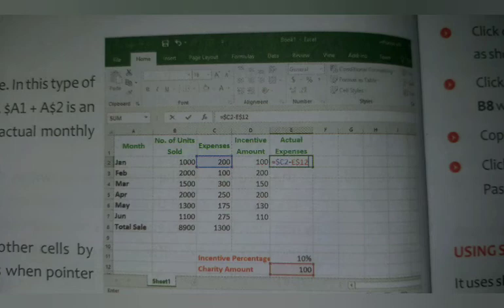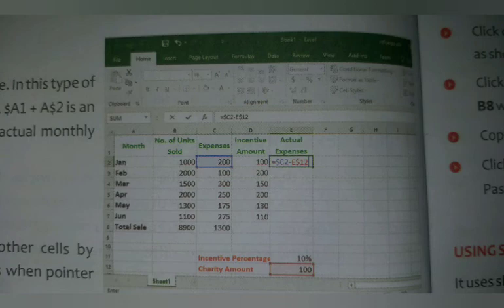The 100 will be the same in the entire formula, but the only change is C2 will be changed to C3 in the next cell, then from C3 to C4, like that it is changing. So you can see C2 minus E12, C3 minus E12, C4 minus E12. The column name is the same, only the row number changes.